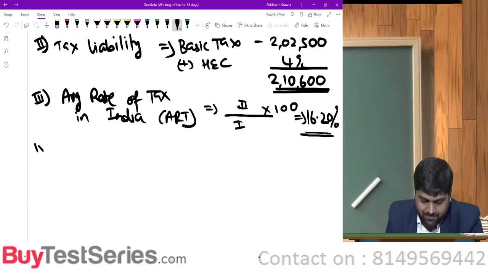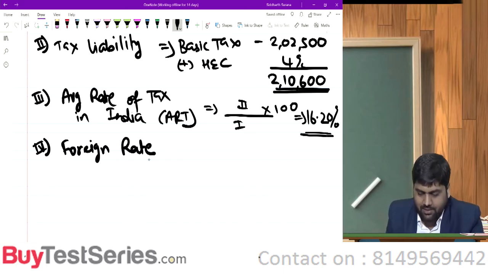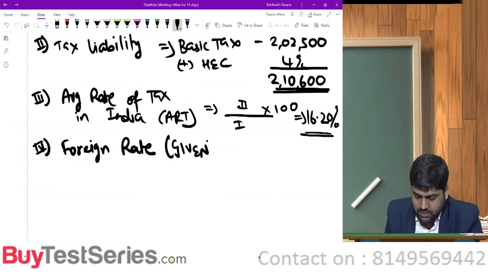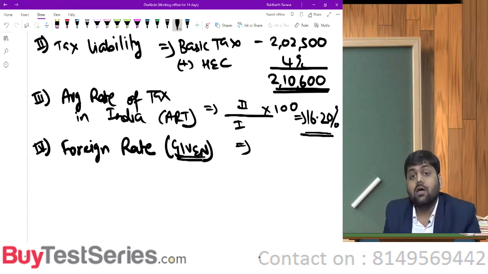So the next step is basically just to take the foreign rate, and let me tell you, the foreign rate has to be and always has to be given to you in the question. If the foreign rate is not given to you in the question, write a note to the examiner, dear examiner, you are a complete idiot.